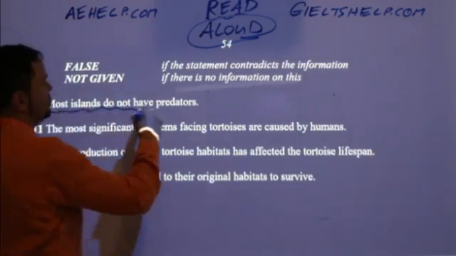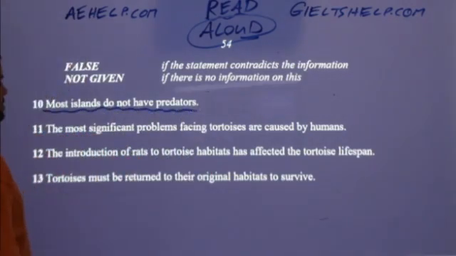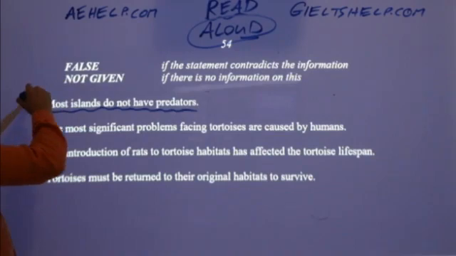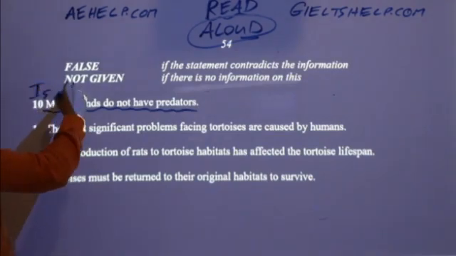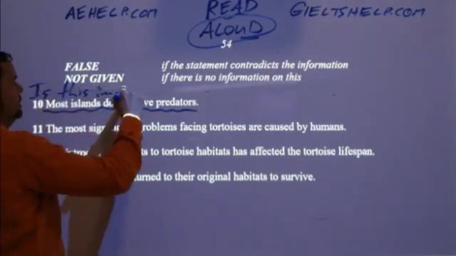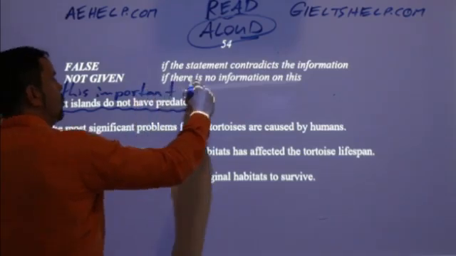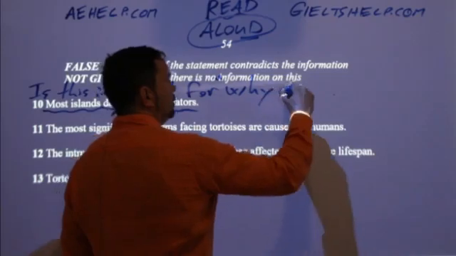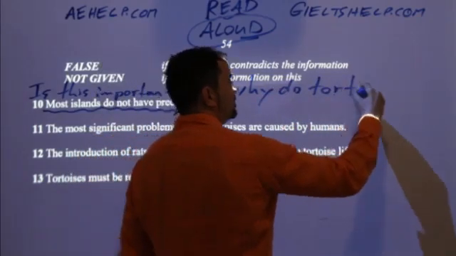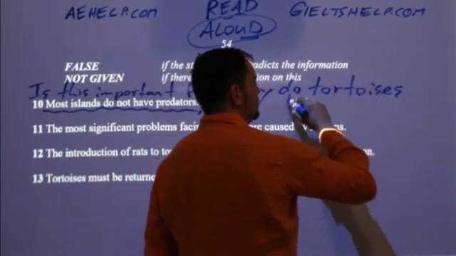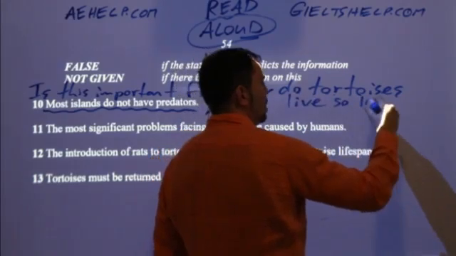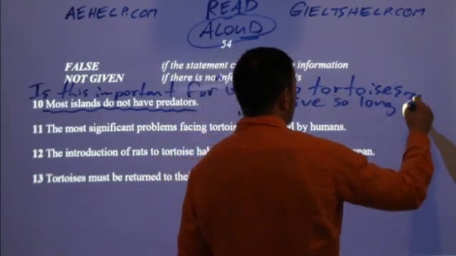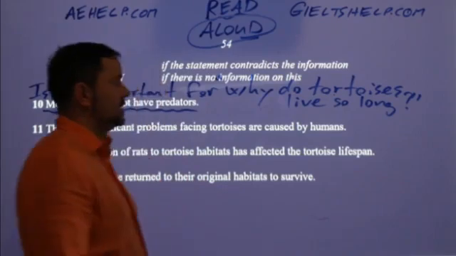Most islands do not have predators. Okay? So, first question. Is this important for why do tortoises live so long? And the only way you know this is if you read the passage, of course.